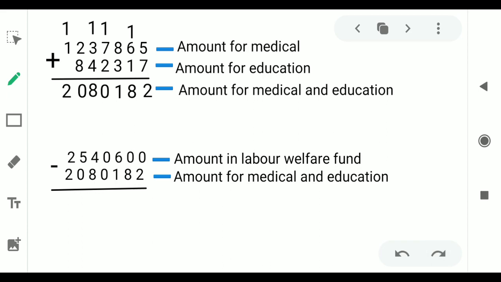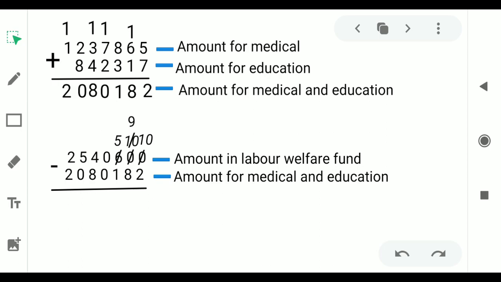So see here in the unit place we cannot subtract 2 from 0. So we borrow 1. But in the tens place again there is a 0. So we borrow 1 from the hundred place. In the hundred place there is 6. This 6 becomes a 5, and then 0 is 10. Then this 10 becomes 9, and in the unit place 0 becomes a 10.